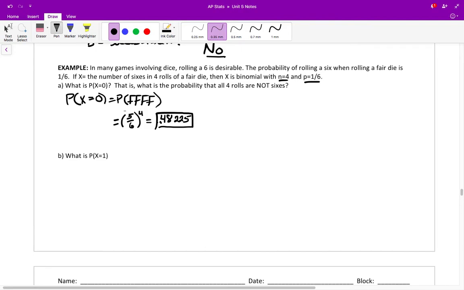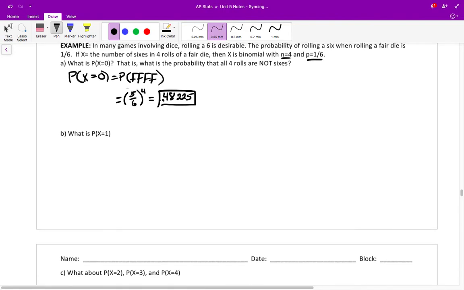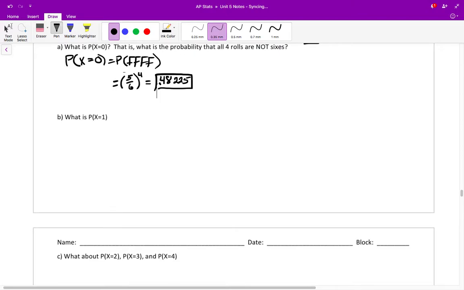Now in part B, things get a little more interesting. What is the probability that x equals 1? In other words, what is the probability that you get exactly one 6? Okay, so what that could look like, you could say the probability that x equals 1, if we listed those out separately, would be a success and then 3 different failures.